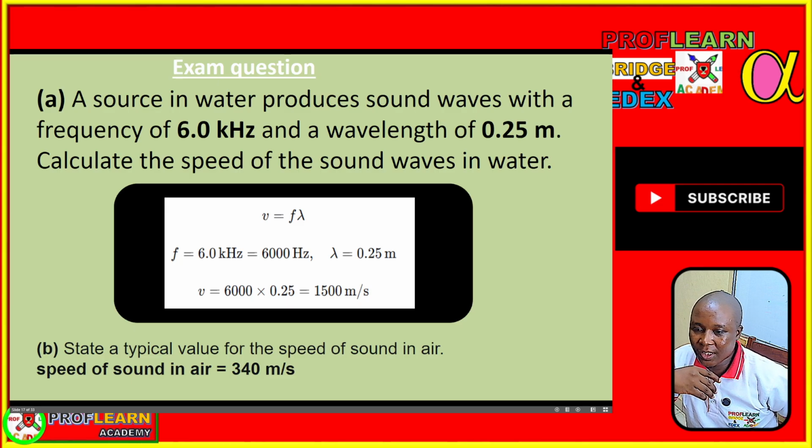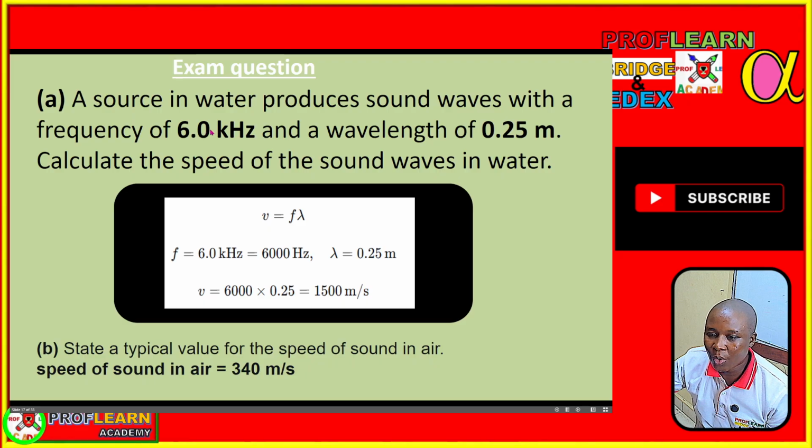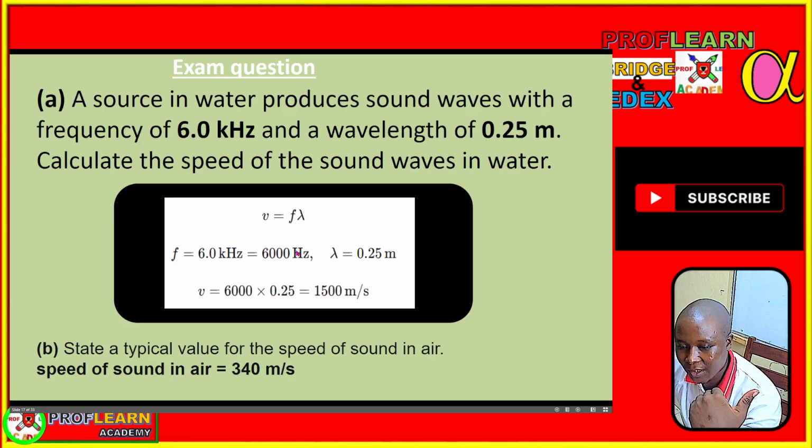Now, a source in water produces a sound wave with a frequency of 6.0 kilohertz. So if it's 6.0 kilohertz, you have to convert this to hertz. You multiply 6.0 by 1000, that is going to become 6000. Then you can proceed to work out the speed, because speed is equal to frequency times wavelength, and that is going to be 6000 times the wavelength.